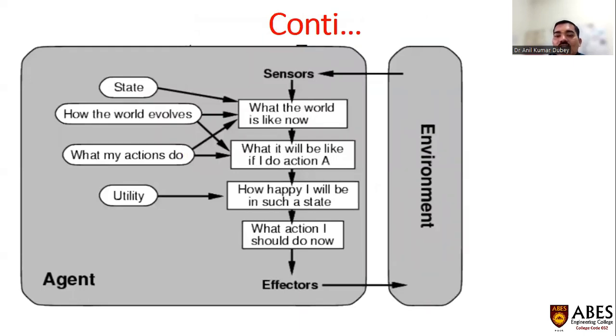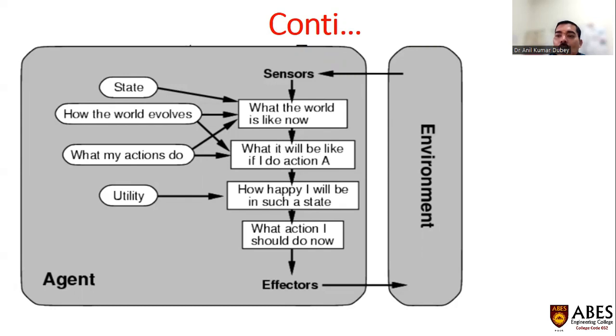Here, the environment is the first part, and the second part is the agent. The agent perceives information about the issues from the environment. Again, it analyzes what the world is like now: the state of the issue, the state of that particular information, how the world involves with that information, and what action it can plan for itself. Again, it computes the utility-based state, the happy or unhappy state.